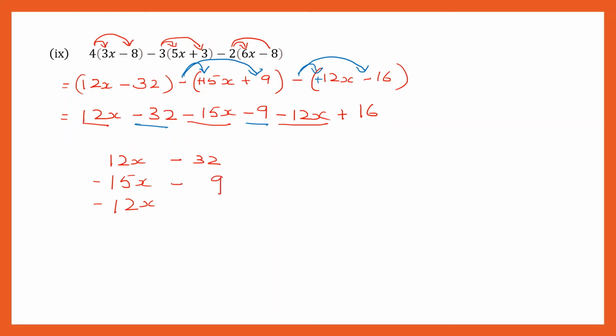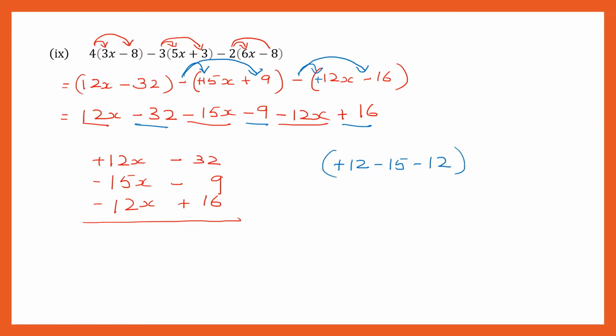And the last one is plus 16. So let's work this out. Give this a plus sign. Now take out only the numerical coefficients of x. Plus 12 minus 15 minus 12.